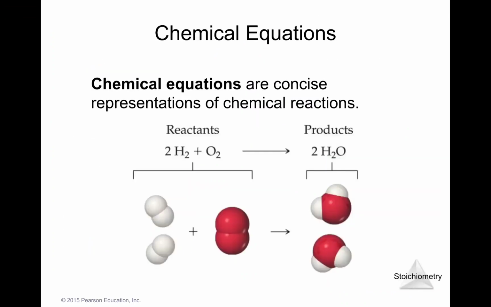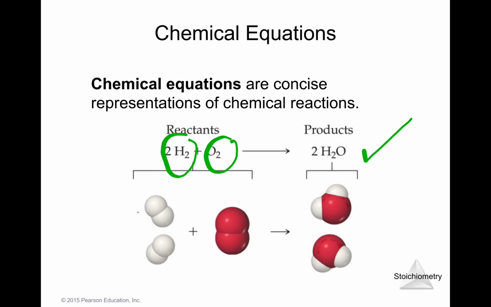Chemical equations are the shorthand way of showing what's happening in a chemical reaction. So if we have a look at the formation of water, we see that we're taking 2 molecules of hydrogen and 1 molecule of oxygen and using it to make 2 molecules of water.